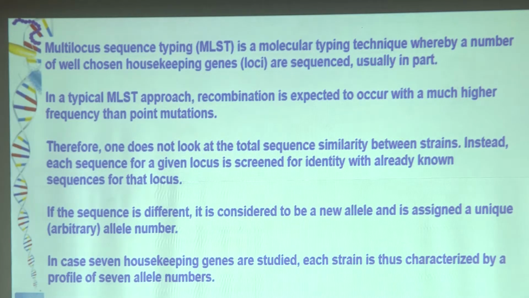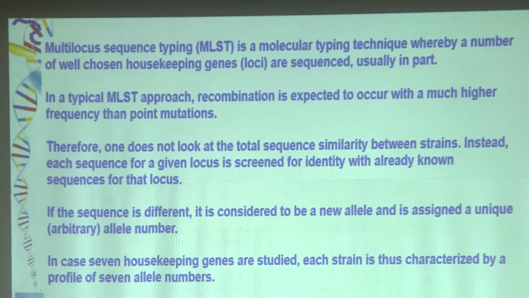Usually, we consider 7 loci from the genome. The choice of these 7 loci is so critical for the success of multi-locus sequence typing. You have to select those genes which have housekeeping function, and that have a species level signature.